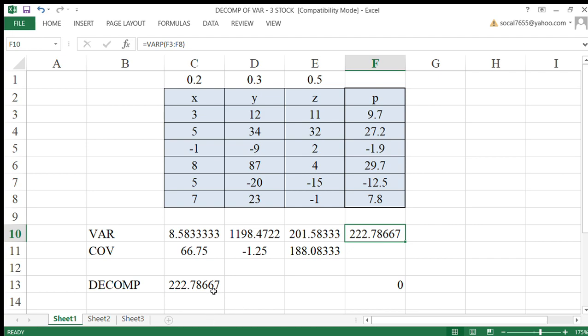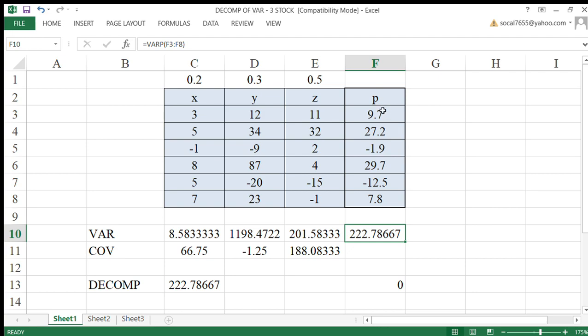And we could also get the same value by using this decomposition of portfolio return variance formula for a 3-stock portfolio. That formula changes for different size portfolios, as we will see in the lectures to come. But this, I think, is a nice way of seeing what we're doing.